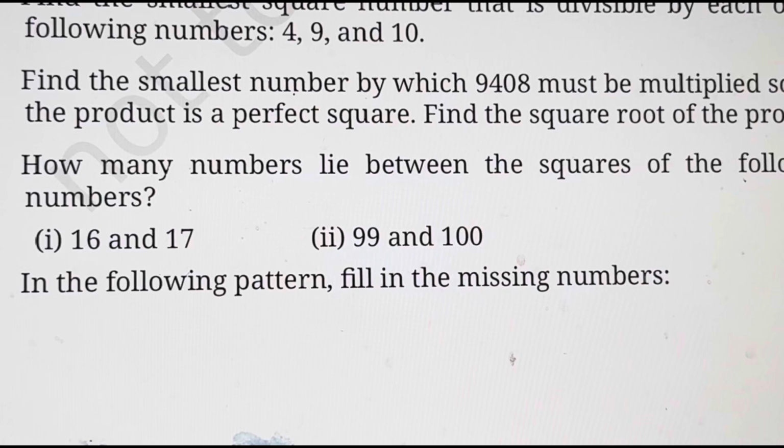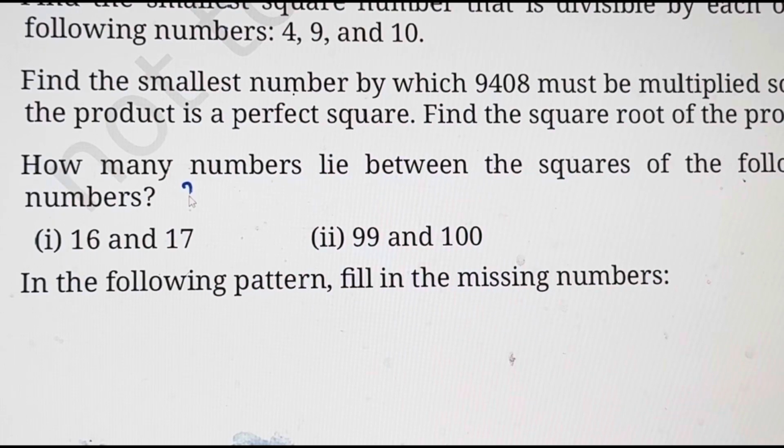Question number 7. How many numbers lie between the square of the following numbers? So here, if you remember that there was a formula that if you want to find out the natural numbers or integers lying between two square numbers, you have to multiply the smaller number with 2, right?